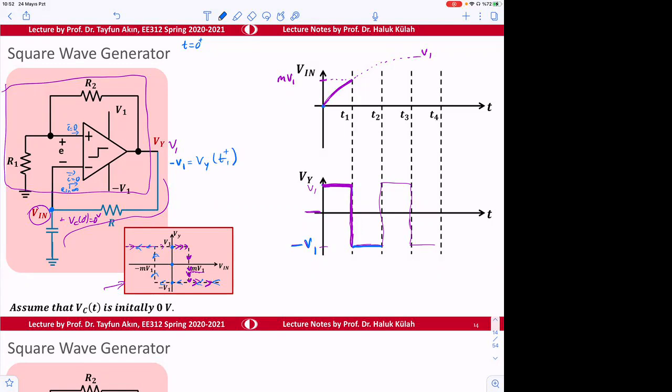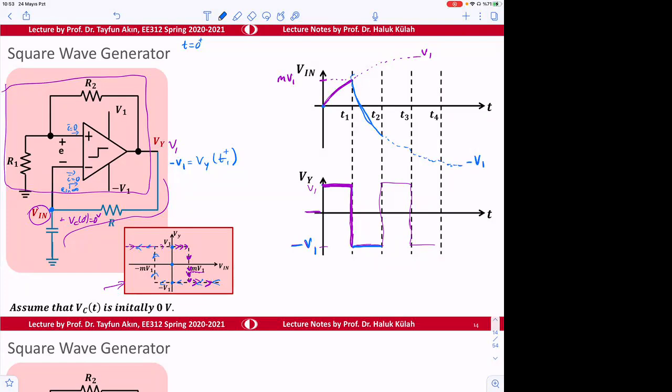So what is the value of the capacitor? MV1. And what is the target of the capacitor then? The goal is to try to reach minus V1 this time, okay?